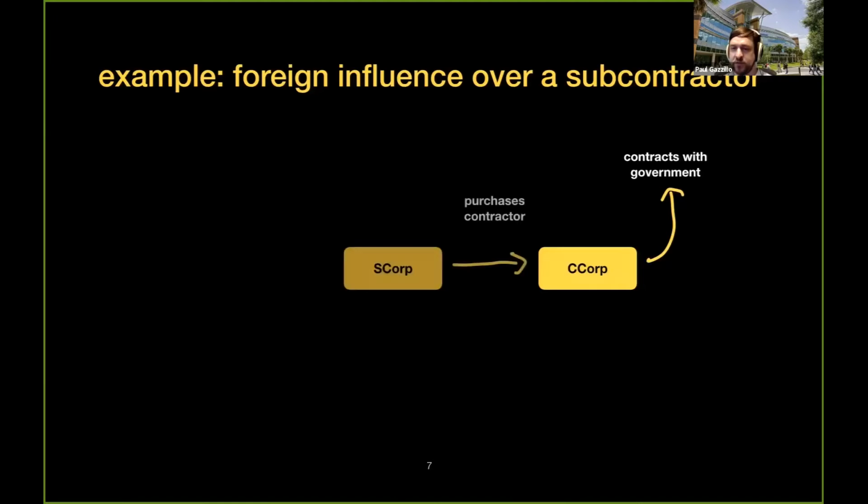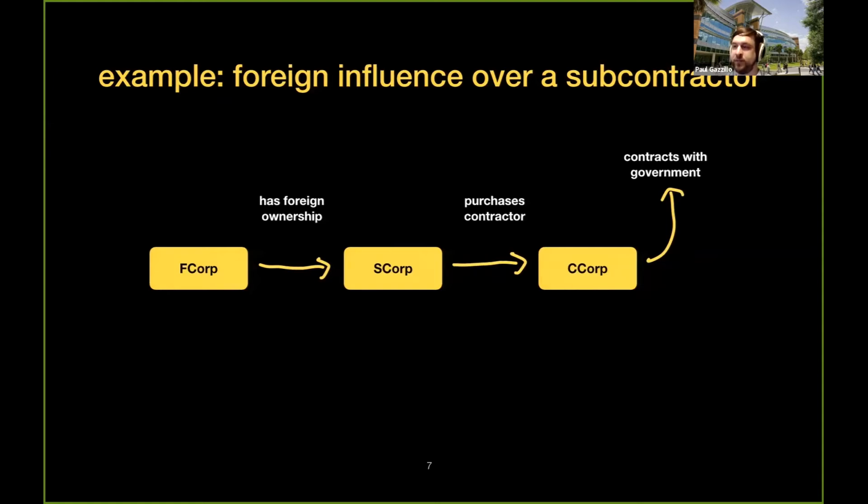But in the course of the contract, some other wholly US owned domestic corporation, S Corp, purchases this company. But if that S Corp has some amount of foreign ownership, then there's this indirect foreign influence over this government contractor.